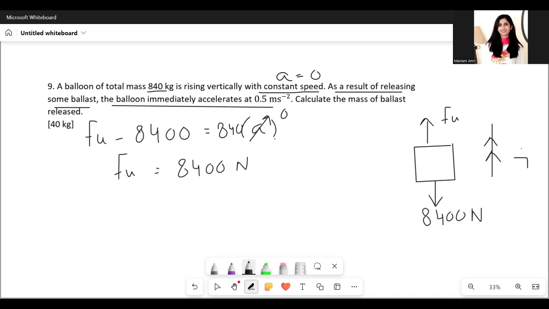So let's say a ballast of m kg is thrown away from the balloon. So now the new mass of the system is going to be 840 minus m kgs.